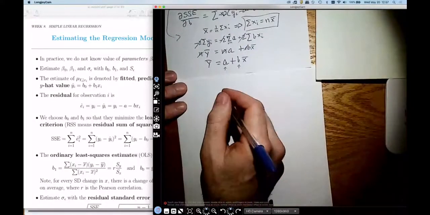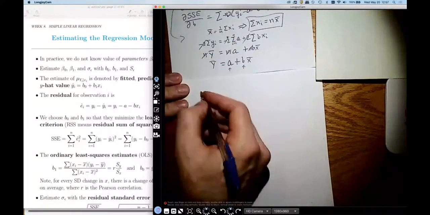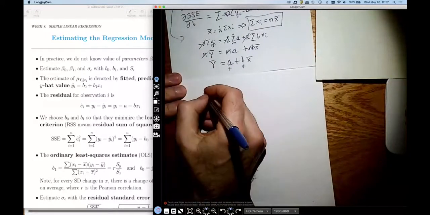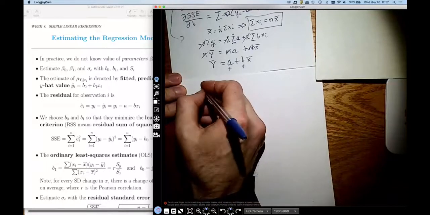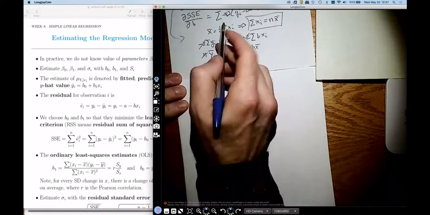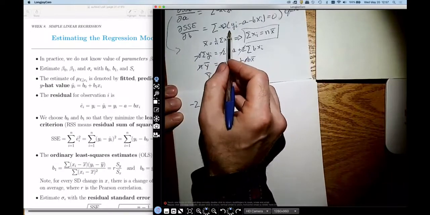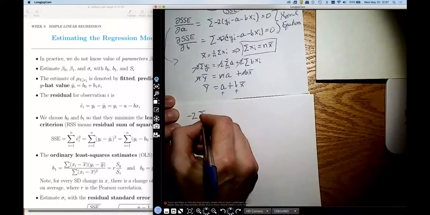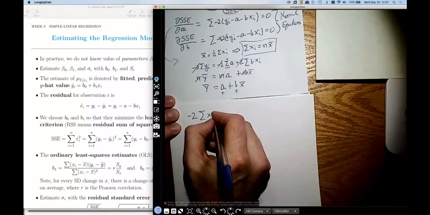Well, let's rearrange the other partial derivative, doing something very similar to this. So what you could do is write this as -2, looking up here at this expression, -2 times the sum of xi times yi.